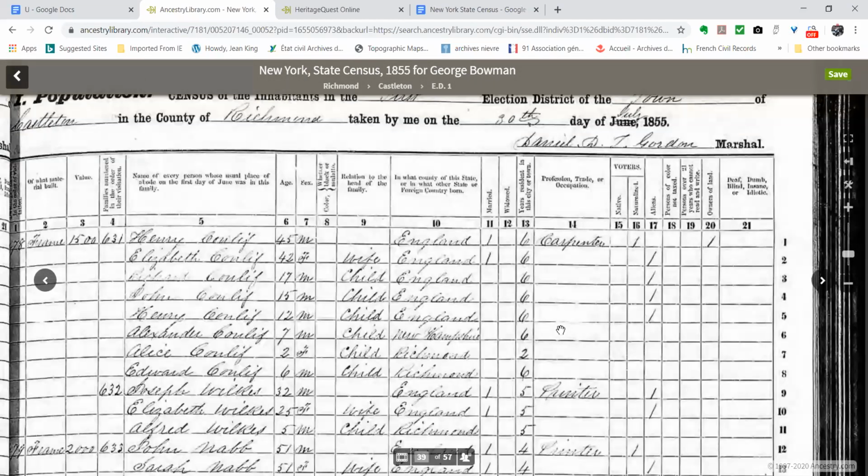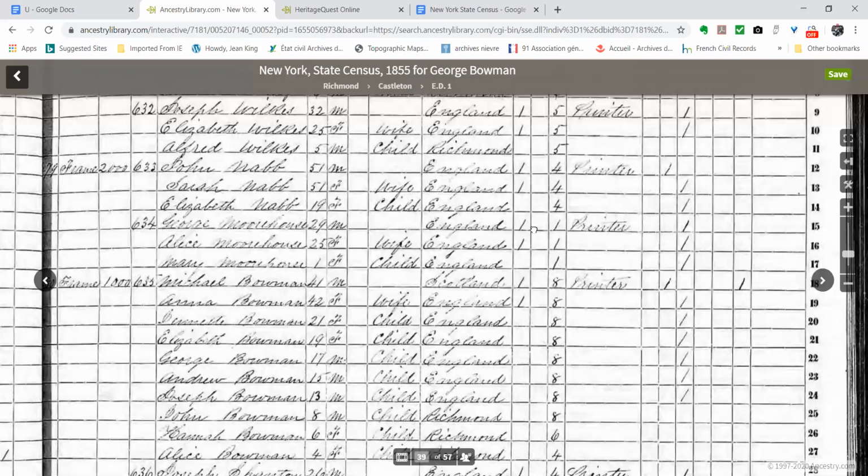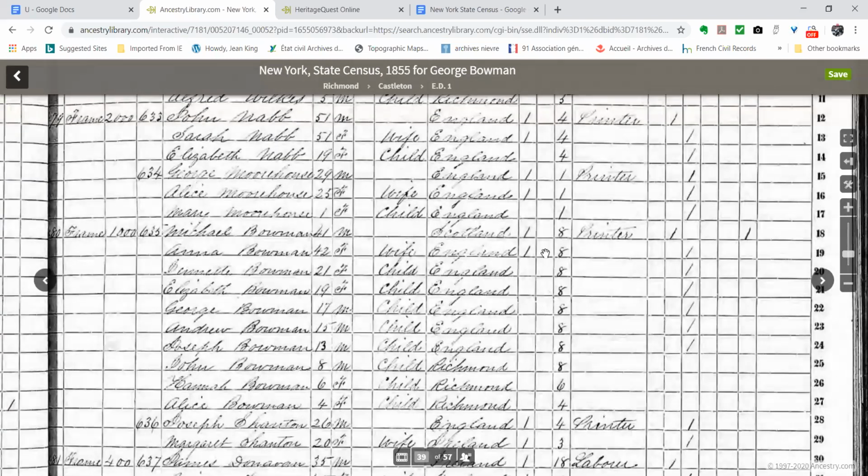And how many years? Oh, I had to turn my head sideways. Years resident in this city or town, which actually is very helpful for immigration information. So they're saying that they've been living in Staten Island for 8 years, which is pretty much correct.